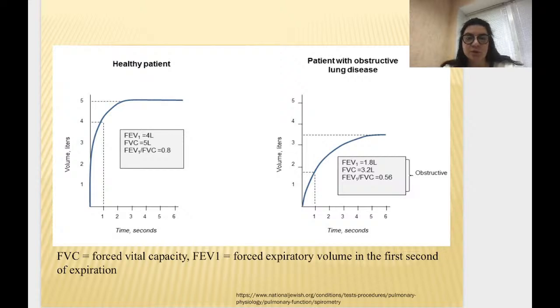Yes, the first picture is a spirometry of a healthy patient, and according to this graphic, we can calculate several signs, the most important of them: forced vital capacity, or FVC, forced expiratory volume in the first second of expiration, or FEV1, and the relation between them, between FVC and FEV1.